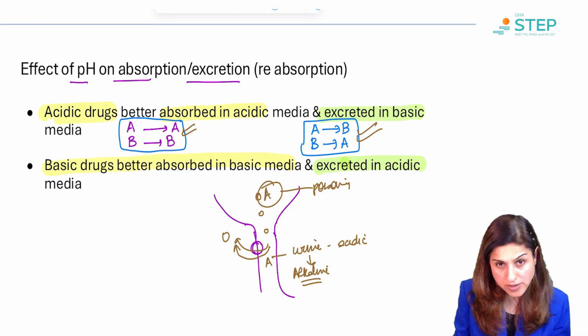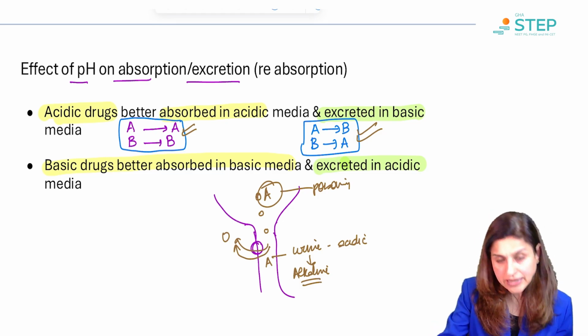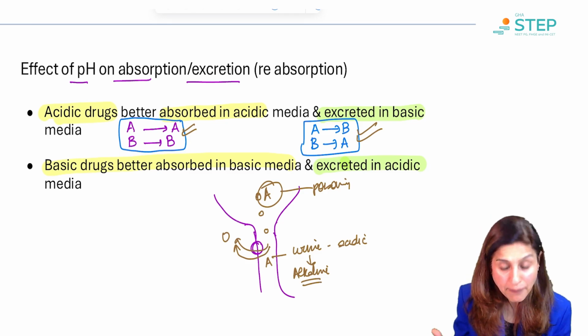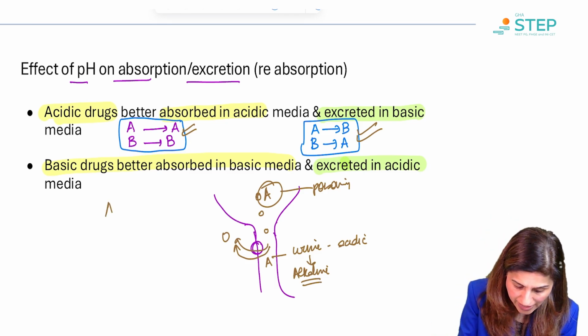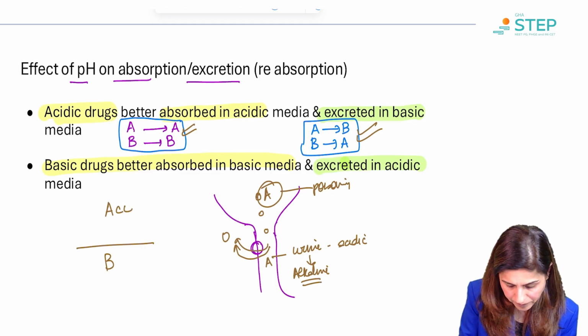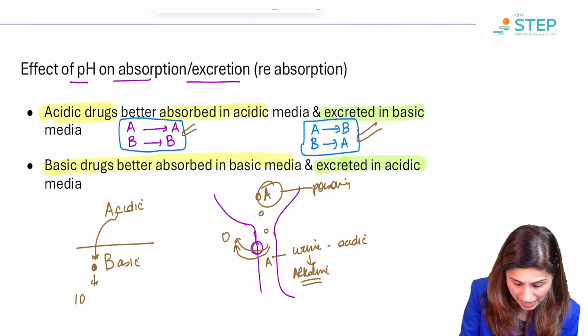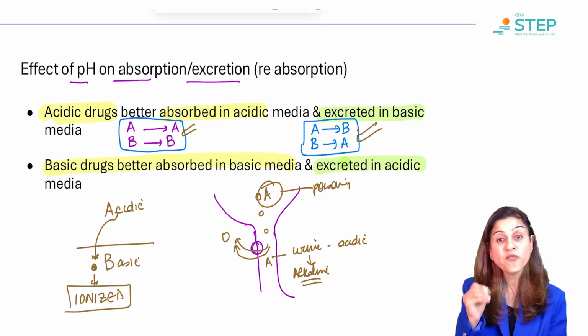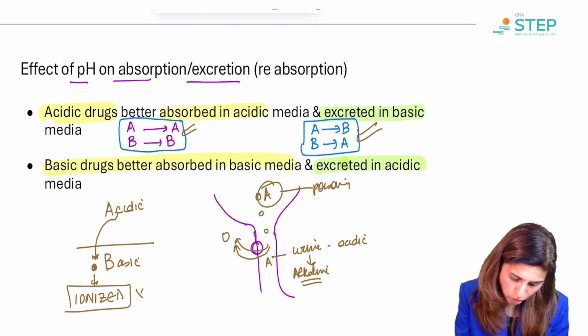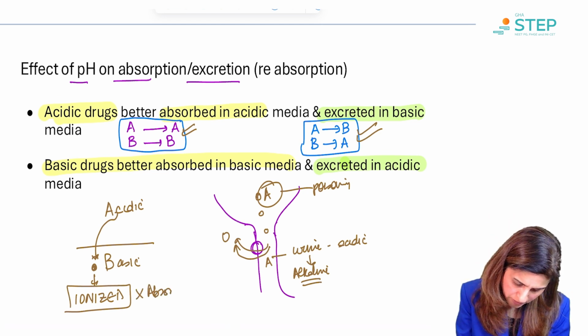Now, this process of acidic drug in basic media, why is it happening? Because when acidic drug goes into the basic medium, it gets ionized. An ionized form of a drug cannot be absorbed.